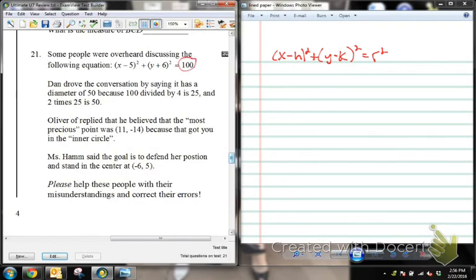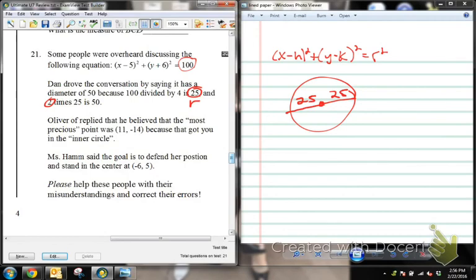Now Dan is thinking, if I want to find the number that is the radius, I'm going to take this 100, divide it by 4 to get 25, and then since he thinks that 25 is the radius, he's going to multiply it by 2. 2 times 25 is 50, because he knows that if that's the radius, then all the way across is the diameter. So he's thinking, I've got 25 here and 25 there, so I'll multiply by 2 and get 50.